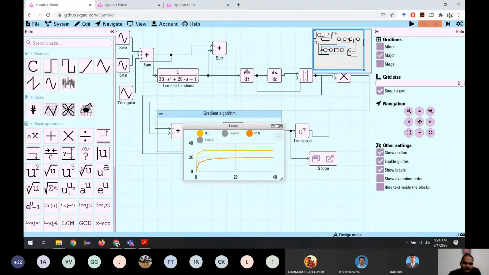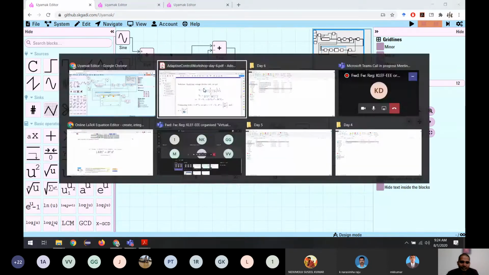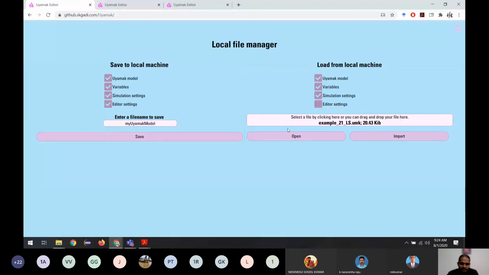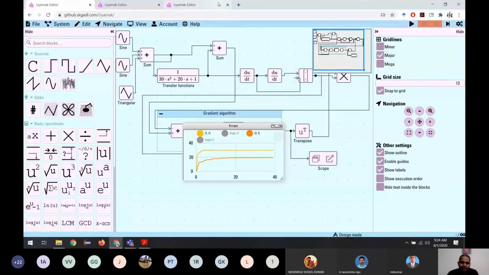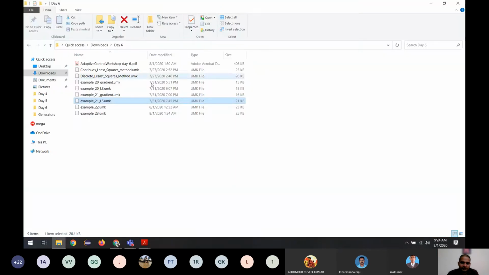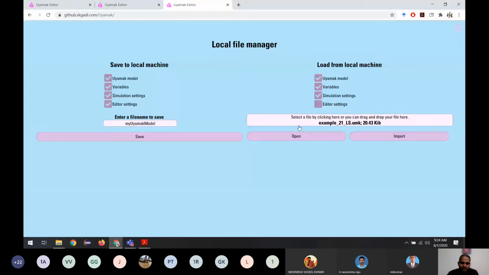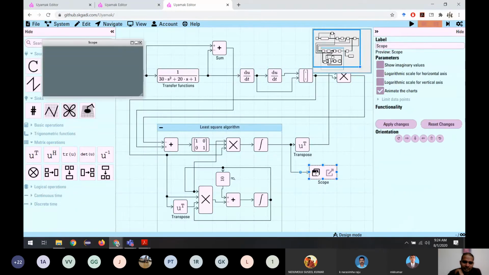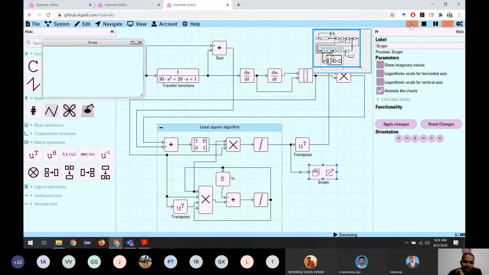Okay, so this is the algorithm, and similarly we have the same algorithm in least square. Let me use this in another tab. We have the least square method as well. The same system implemented with another algorithm.